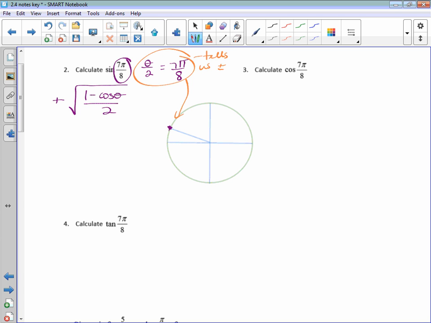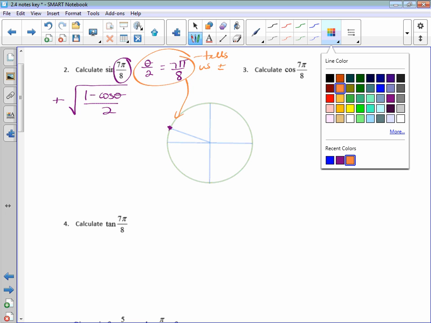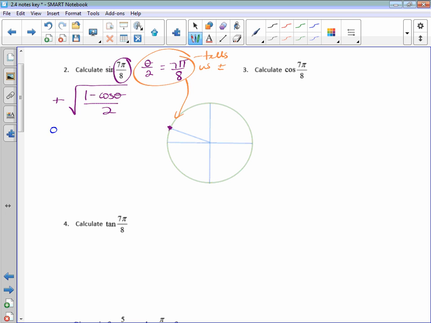Theta over 2 is 7 pi over 8. We need to actually find theta, so do that as a little intermediate step. So what does theta actually equal? Okay, that is what gets used in your formula.